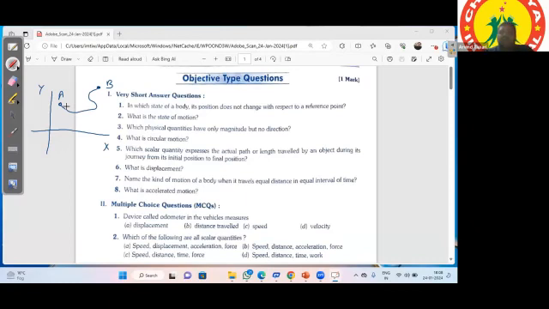Let us say the initial position A was 1 comma 3, and the final position B is 5 comma 8. Now what will be your displacement then?